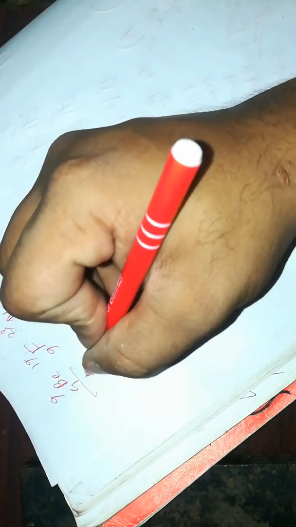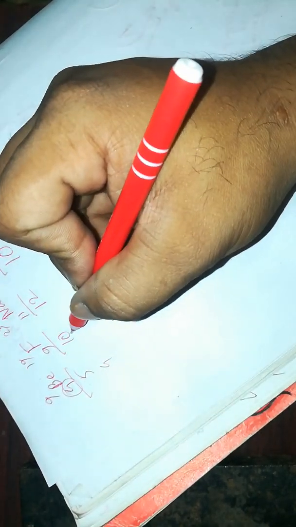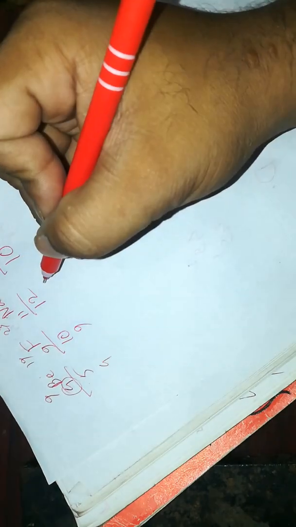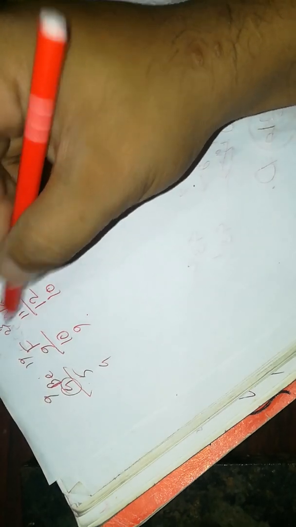So here we have 5 neutrons, here we have 10, here we have 12 neutrons, and here we have 10. Number of electrons here is 4, number of electrons here is 9, so they're not equal. Number of electrons here is 10, number of electrons here is 10, I guess so.